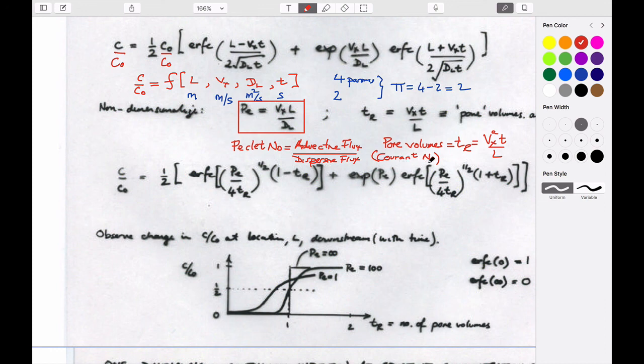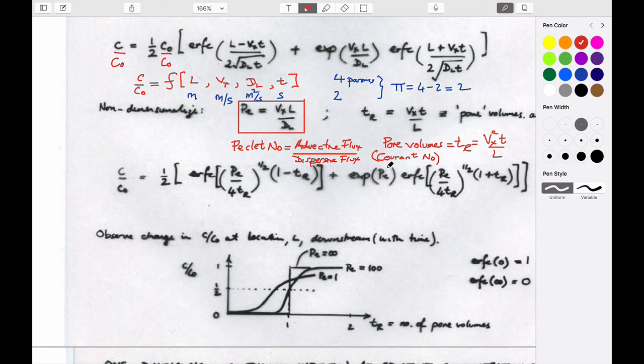The Courant number is something that's used in numerical modeling to define stability. Basically it says that if you divide your model up into a whole bunch of elements or cells, and in one time step the solute has come in one side of the element and exited the other side, then your time step is too big, because it doesn't have any memory of the front going through.